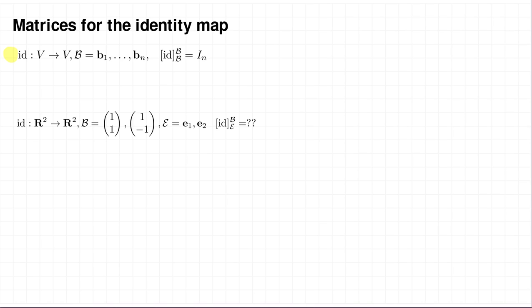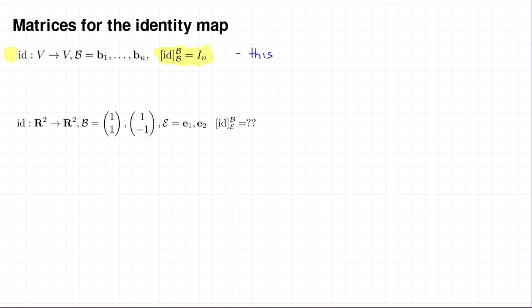Now let's say you take any basis, curly B, of V. And we'll notate those elements of that basis as B1 up to Bn. Well, then I claim that the matrix of the identity map with respect to initial basis B and the same final basis B will always be the identity matrix.